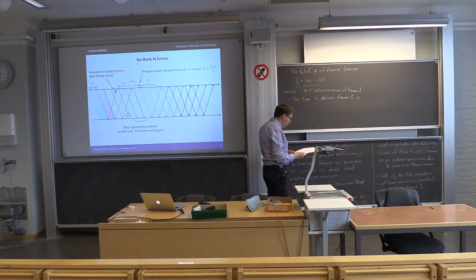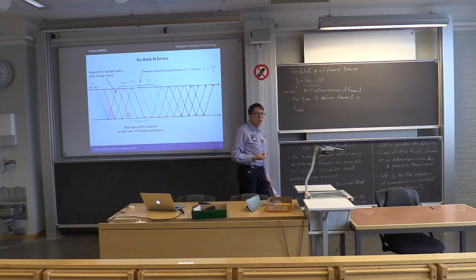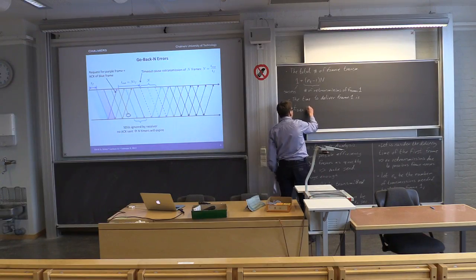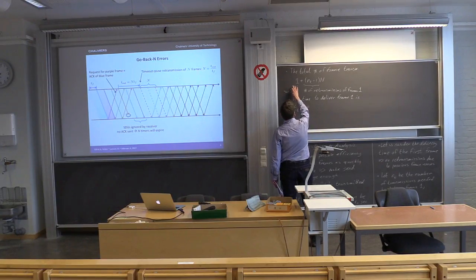So the time to deliver frame 1, let's call that T, GBN, so go back N. So this is the time it takes to deliver a frame in go back N, or the first frame actually. So that is simply the time to deliver one frame times the number of frames that we have transmitted.